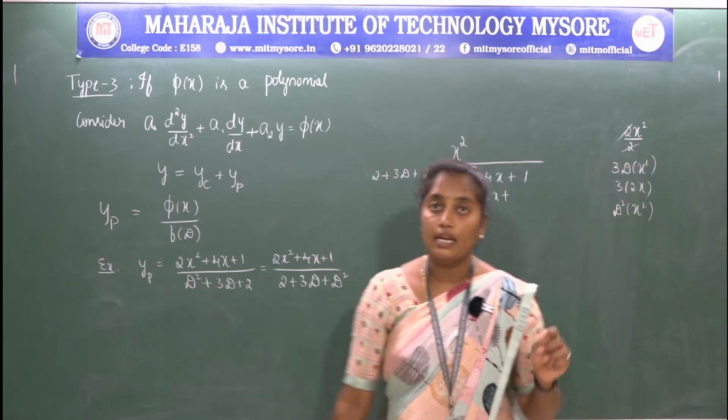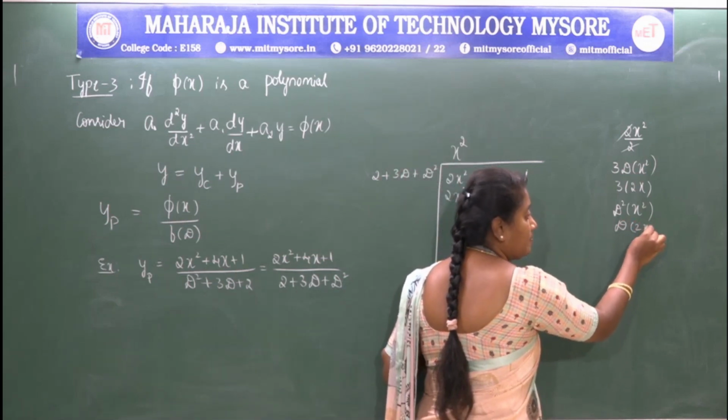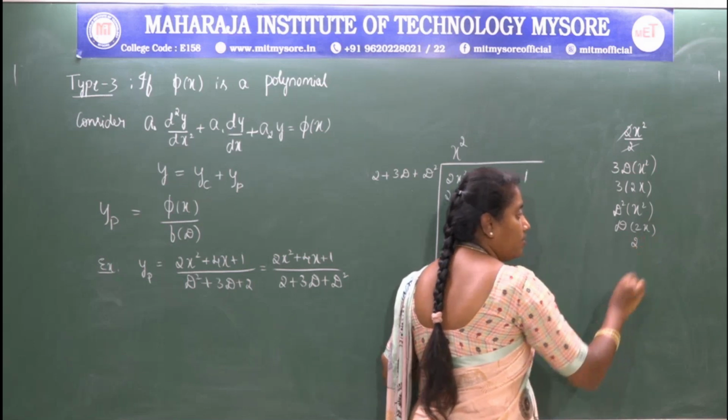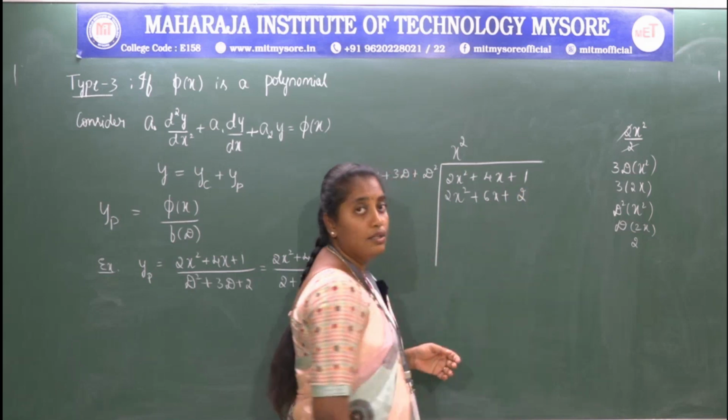Differentiating x square once we get 2x, differentiating one more time we get 2 into 1, that is 2. Hence the last element is 2.